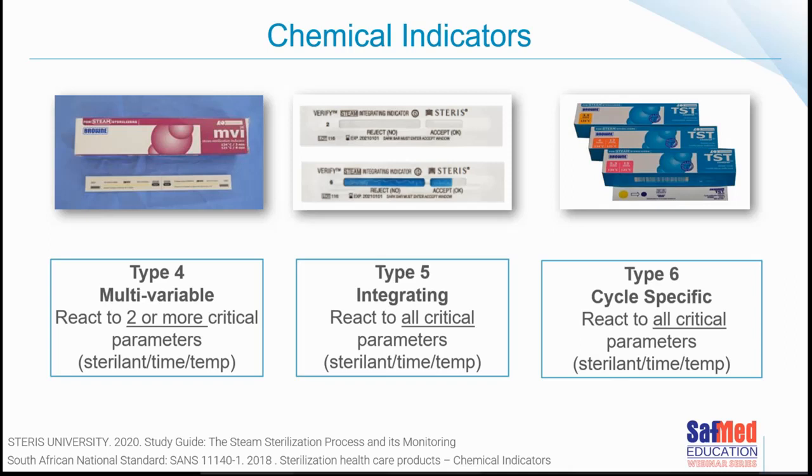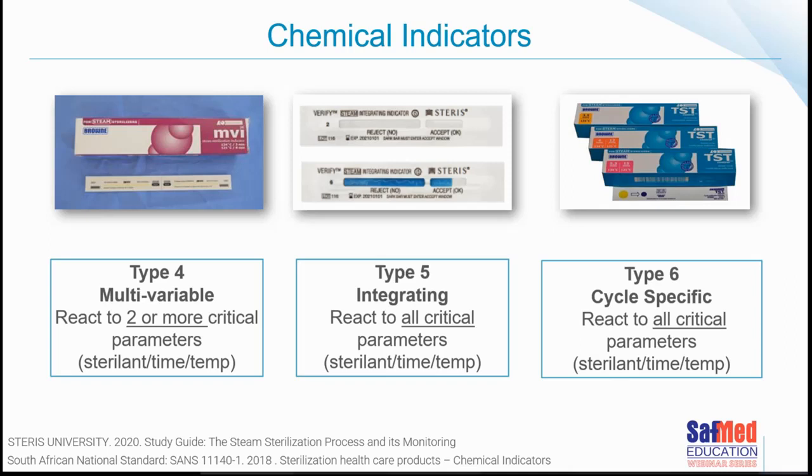And the standard says that a type 4 chemical indicator must react to at least 2 or more critical parameters. Of course, the critical parameters being that of exposure to a sterilant for the right amount of time at the right temperature. Some manufacturers, of course, will make chemical indicators that do react to all 3 critical parameters, and that's probably something you'd like to look for if you're using a type 4 chemical indicator.